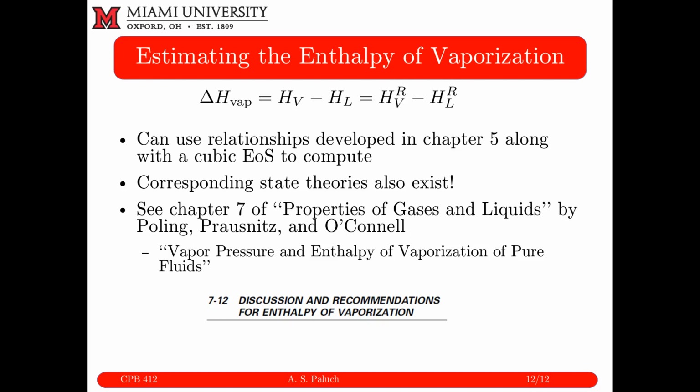Okay, and so I've referred you before to Properties of Gases and Liquids by Poling, Prausnitz, and O'Connell. Chapter 7 is all about calculating enthalpy of vaporization. So here's section 7.2, discussion and recommendations for enthalpy of vaporization. What they've done in this book is take all of these common methods to calculate enthalpy of vaporization, including from cubic equations of state.